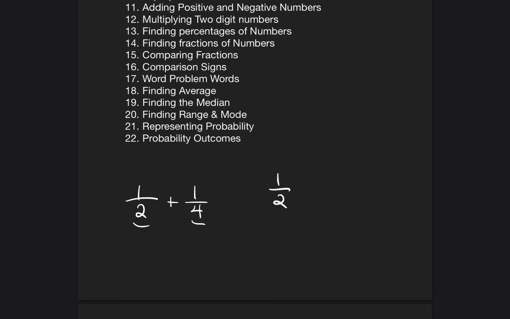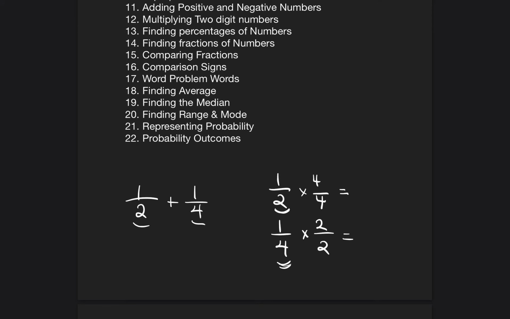So what I like to do is just do the easy way. I multiply the top. So I'm going to multiply this top fraction by this bottom denominator. So I'm going to multiply both of these by 4. And then I multiply this bottom fraction by this denominator on top.